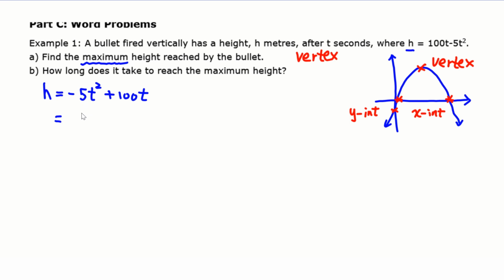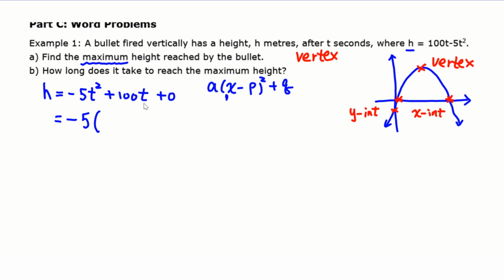For completing the square, we always compare it with the vertex form. A must be outside of the bracket, and inside, x is 1x, so there's no number in front of x squared. So we are going to take the -5 out. This one, no constant, means +0.